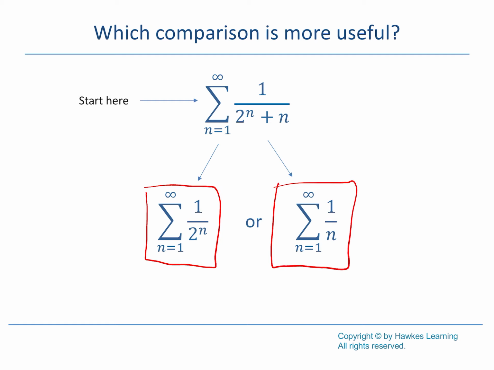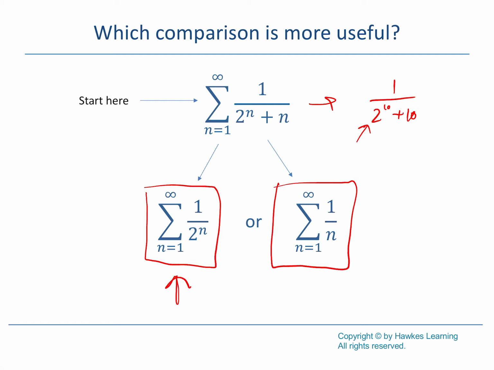Over time, if you let n go up to 10, say, this one would look like 1 over 2 to the 10th plus 10. And the 2 to the 10th part is much, much, much bigger. I mean, 2 to the 10th is 1024. So this fraction looks a lot more like the geometric series.